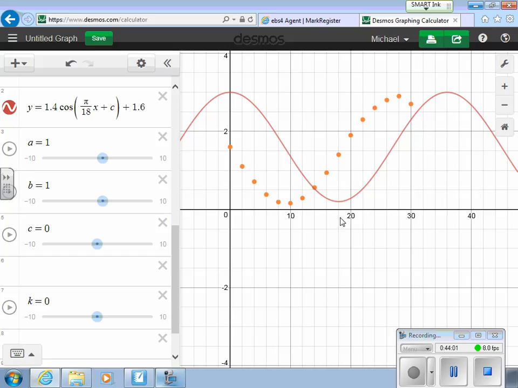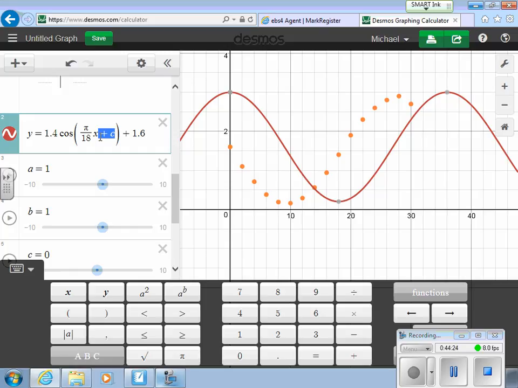Yeah. And the whole waveform takes 36 seconds. So, is the phase shift not 8 over 36? Let's try it, shall we?